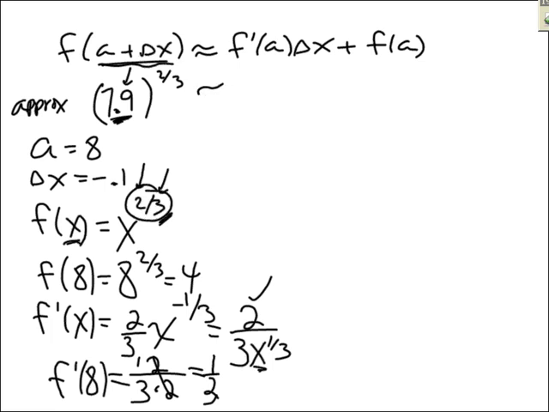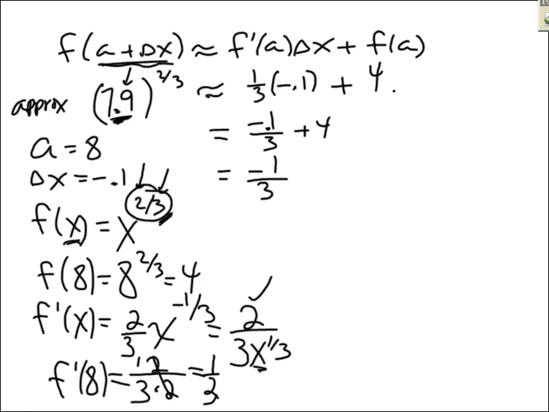Okay, so this is approximately f prime of a, which is 1/3, times negative 0.1, plus f of a, which was 4. So this is negative 0.1 over 3 plus 4. If I multiply the top by 10, I get negative 1, which has no decimal anymore. I have to multiply the bottom by 10, so plus 4.